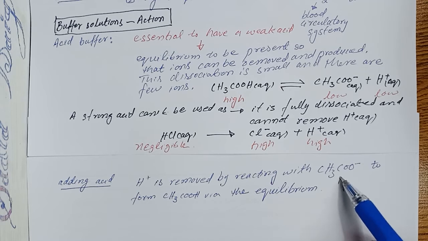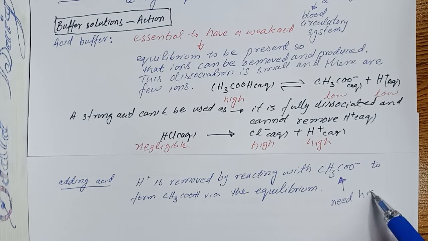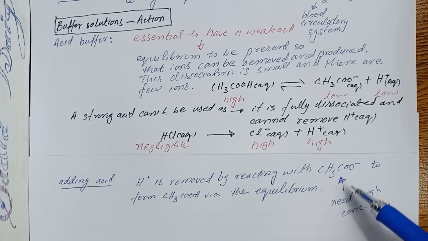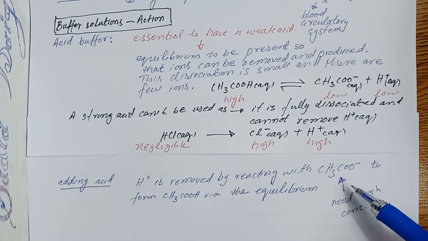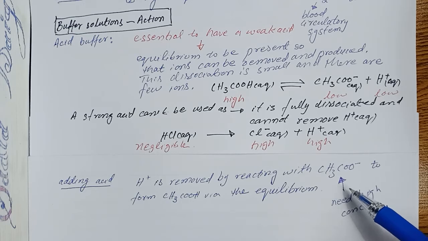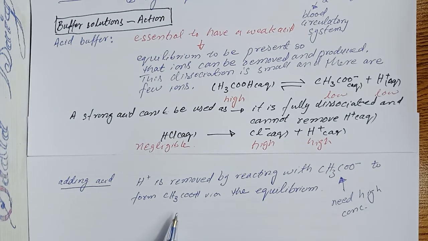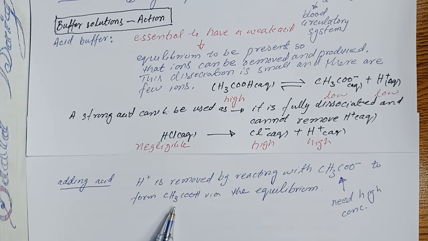So we need a high concentration of this species so that when an acid is added to the solution, this species must react with the acid, that is, the reaction of this species with the proton to make this acetic acid species.